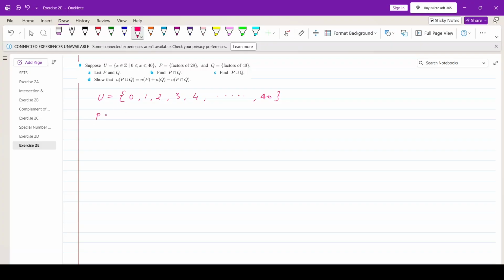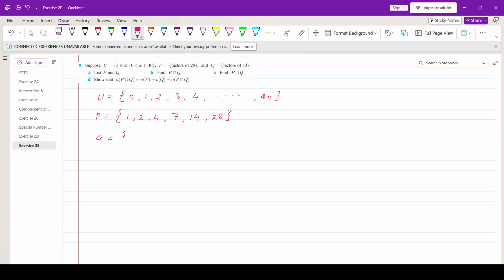Now P, the factors of 28 are 1, 2, 4, 7, 14 and 28.